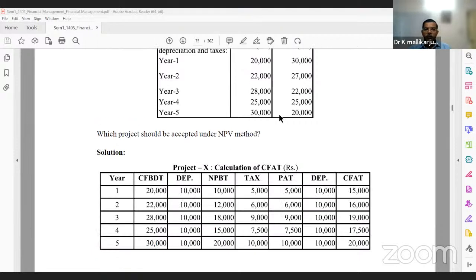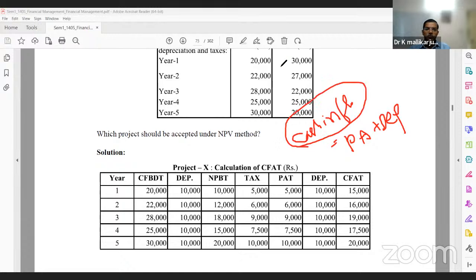Earlier I told you, what do we call cash flow? Cash inflow is nothing but PAT plus depreciation. PAT plus depreciation is called cash flows, cash inflows. Whatever amount is given here is cash flow before depreciation and taxes.